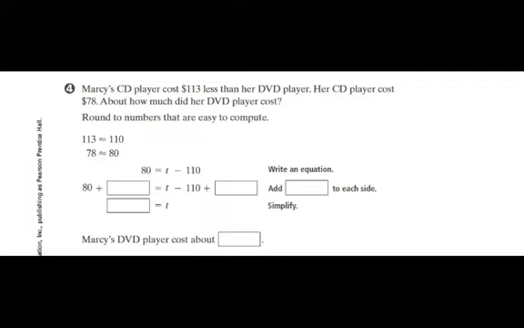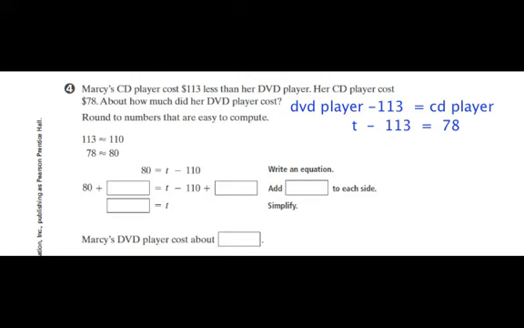That means if you knew how much her DVD player was and subtracted 113, that would give you how much her CD player cost, which was $78. So verbally, it's the DVD player minus 113 is the cost of her CD player. So we don't know the value of her DVD player, so we're going to use a variable T. So we get T minus 113 equals 78.